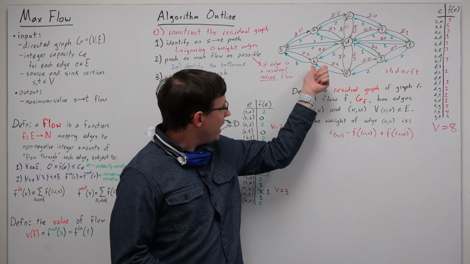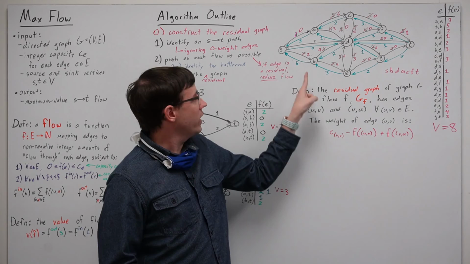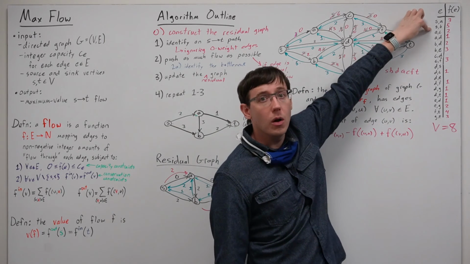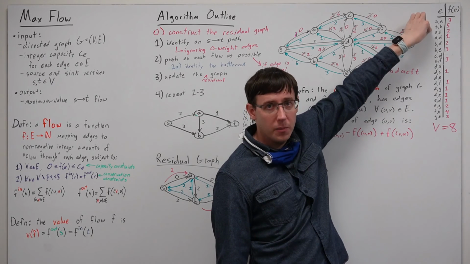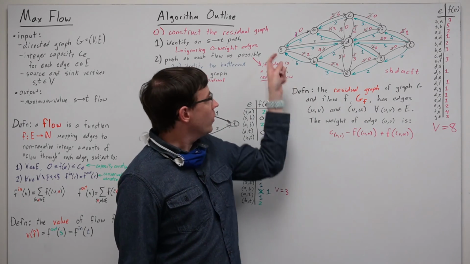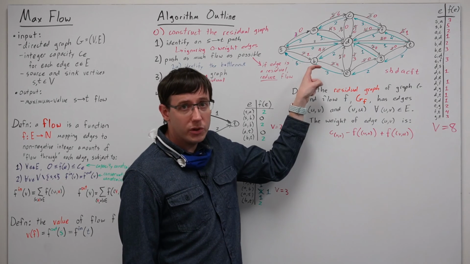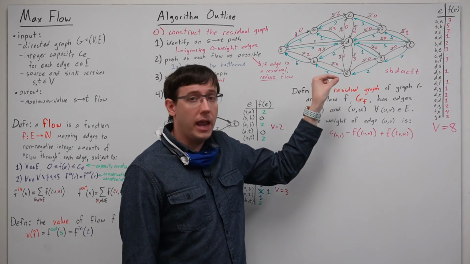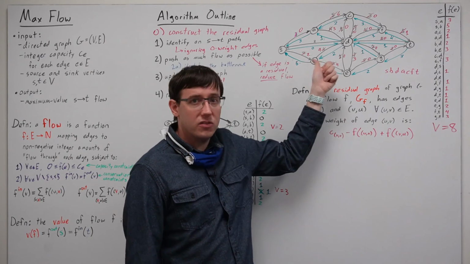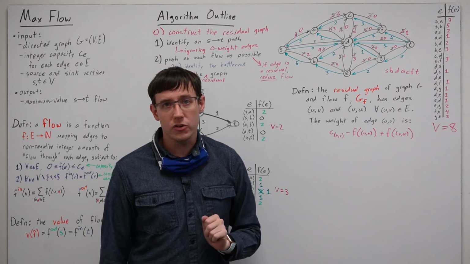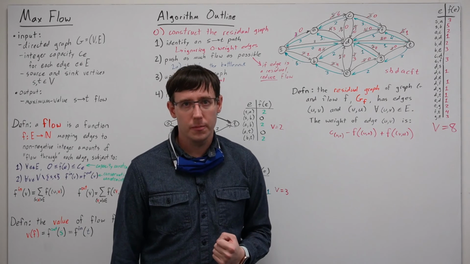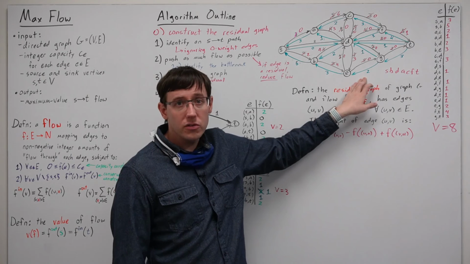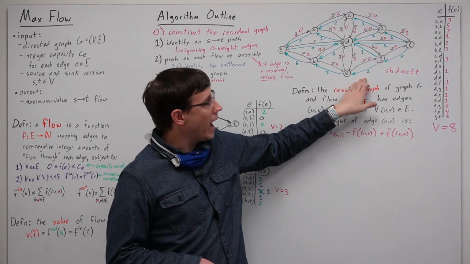On the back edge from B to S, we have a weight of 5, which is equal to our flow on the edge SB, and that's because we used up 5 units of capacity routing flow from S to B, and added back that same capacity in the other direction on the residual edge. This holds true for all of the edges that were new in the residual graph.